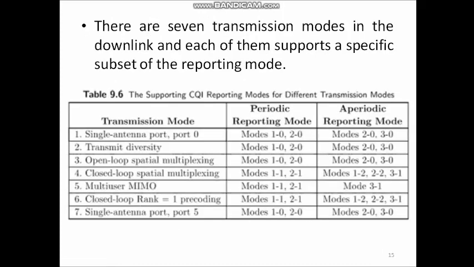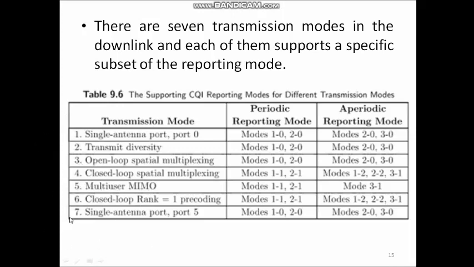Okay, there are 7 transmission modes in the downlink, and each of them supports a specific subset of the reporting modes. These 7 transmission modes in the downlink we have already discussed in the 3rd module under the multi-antenna transmission topic.